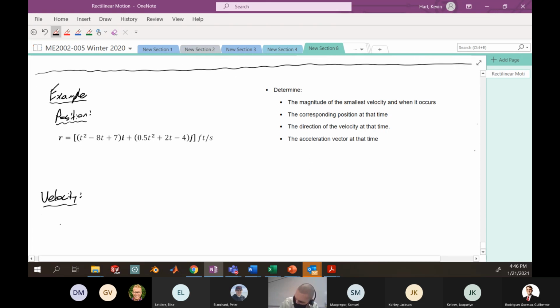All right. So we saw that velocity is the derivative of the position vector with respect to time. And we know from all that vector work that we just did that this is just the derivative of each of the individual components with respect to time.